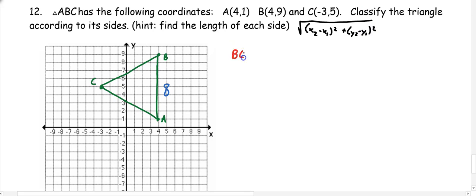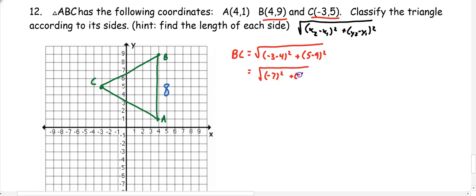So first I'm going to find BC. So using those coordinates up here for BC, I have -3 minus 4 squared plus 5 minus 9 squared. Make sure when they're negative numbers, you leave them in parentheses. So I have -7 squared plus -4 squared.